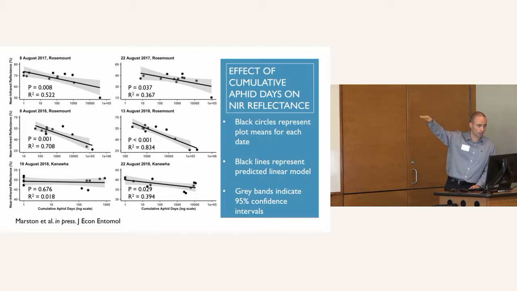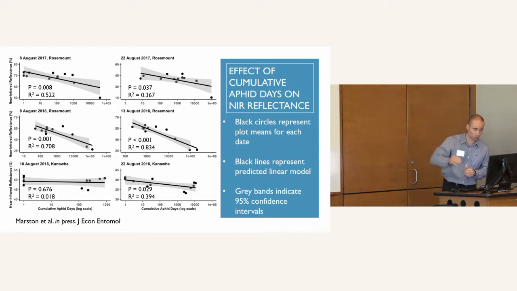And then the middle two graphs, going from top to the bottom, are from the same location, but in 2018. And then we get down to the bottom two graphs, and those are from Iowa in 2018. And we see a fairly consistent trend again, where as that aphid pressure is increasing, those cumulative aphid days are increasing, we're seeing decreasing measures of NIR.